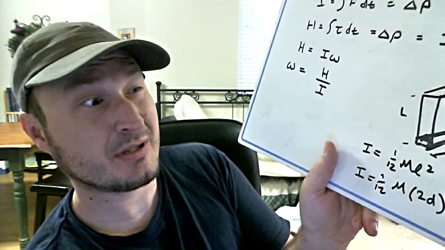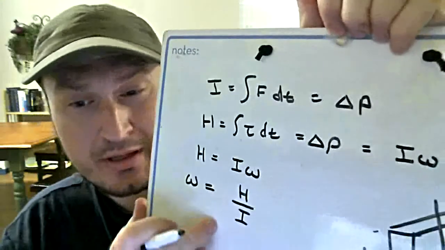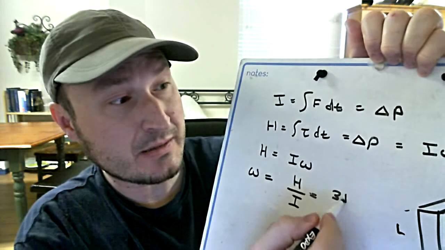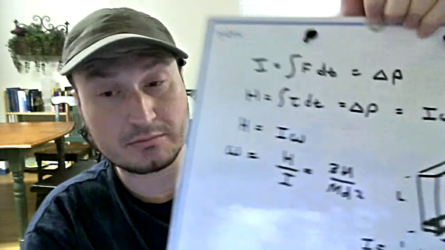And you just plug I equals a third md squared up here, and the 3 comes up to the top, and so you get 3h over md squared. And that's it. That's brought you to one of our possible answers, right? D is the one that I'm going to be looking at heavily. It's 3h over md squared, and that's the one that I want to go with.